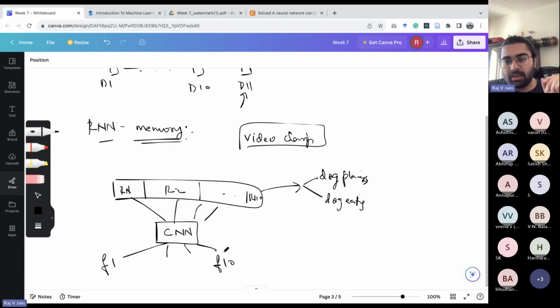This is the most crude way of doing things. There are even specialized architectures which have come to do video classification, which work with the concepts of CNN and RNN together.